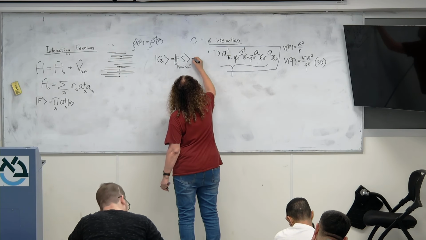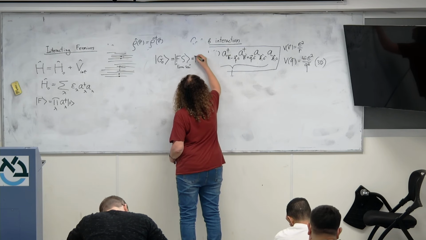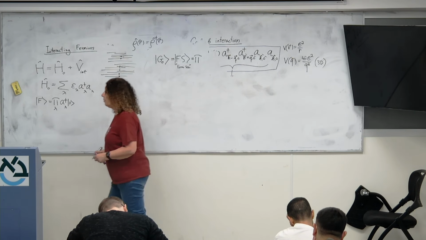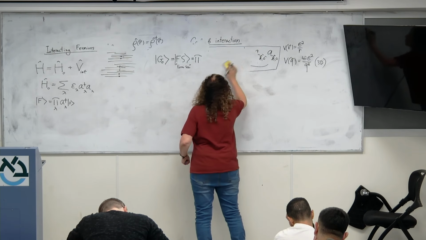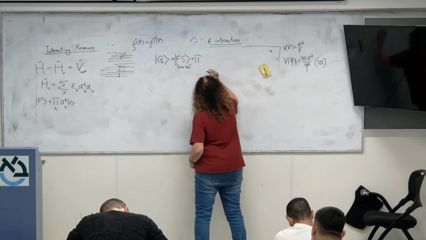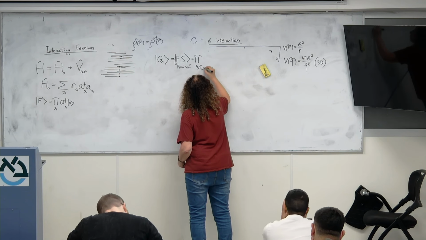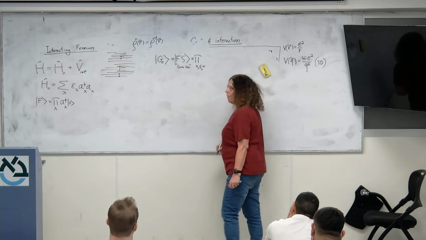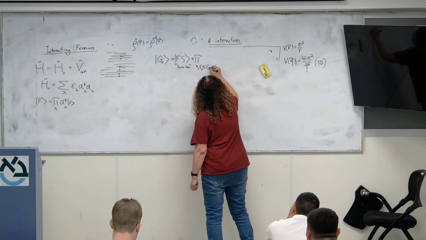And what is it? It's going to be a product of all lambdas such that epsilon lambda is smaller or equal to the Fermi energy.